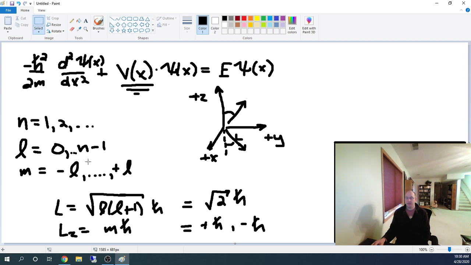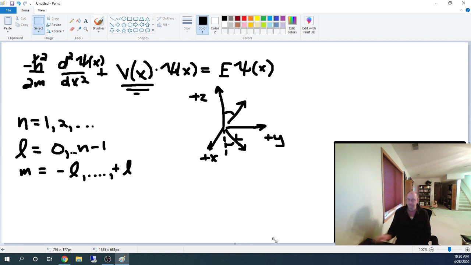So that gives you the idea of angular momentum, but it turns out that there's a further complication to this. There's the idea of spin. This didn't necessarily have to be true, but electrons, it turns out, have spin. And we talked about this last week.